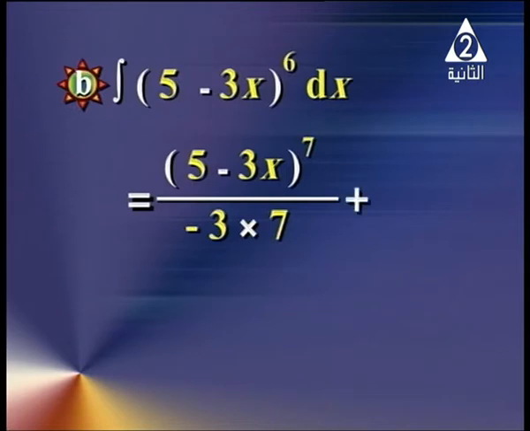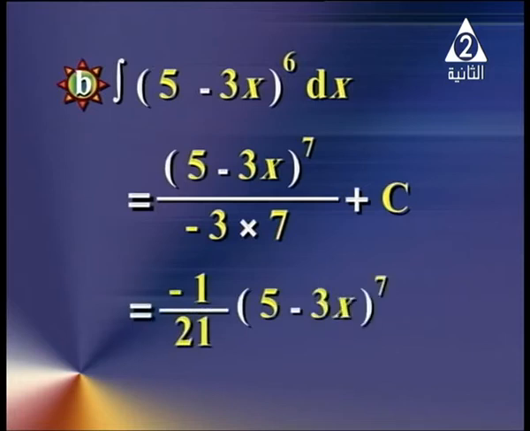Remember, dear student, 5 minus 3x all power 6 becomes 5 minus 3x all power 7, divided by 7, and don't forget to multiply by the coefficient of x, which is negative 3. Then the answer is negative 1 over 21 multiply bracket 5 minus 3x all power 7 plus c.